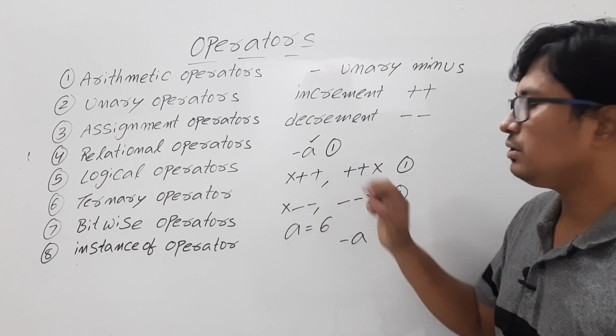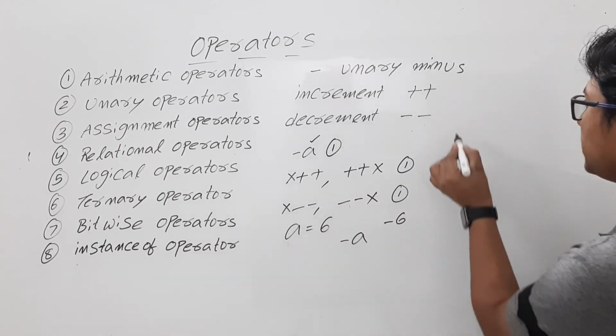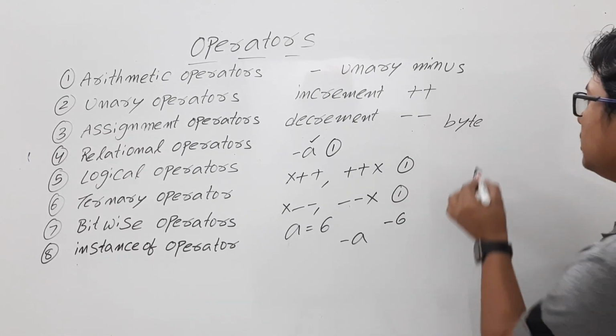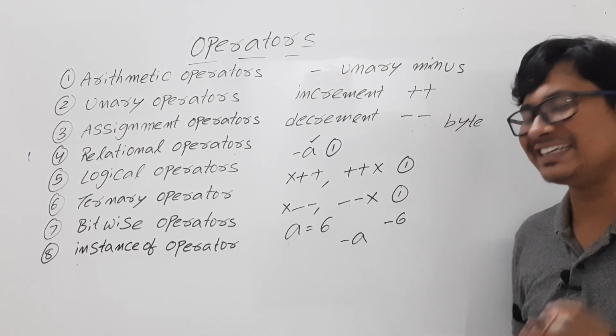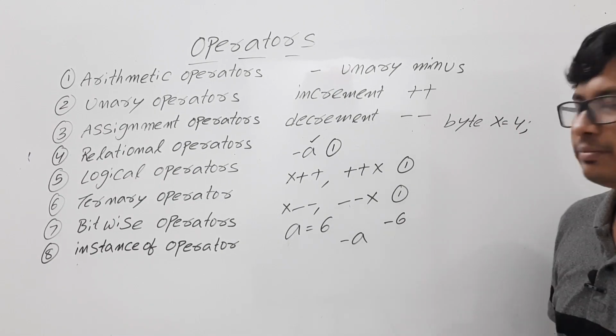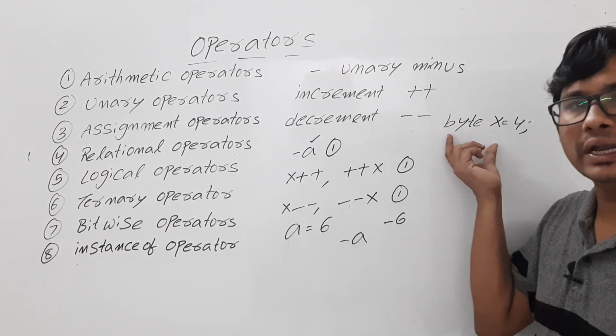Okay, now coming to the post increment, I will discuss with a simple example. Let's take that you have byte is a data type and x is equal to 4, where x is the variable, and you know that byte will occupy 1 byte.